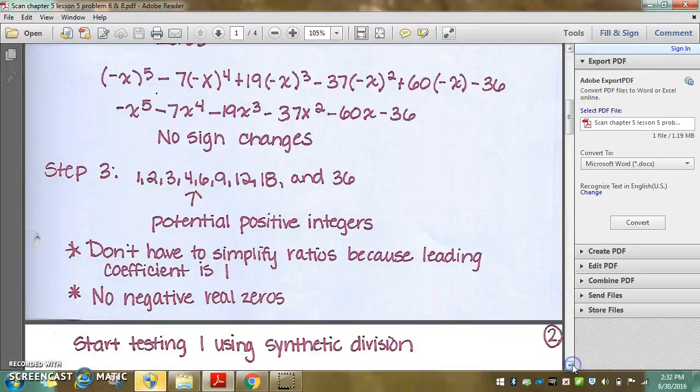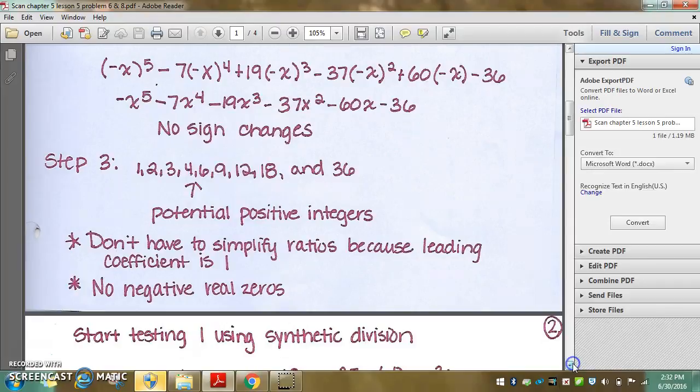All right, moving on. Step 3 tells us that once we have our possible positive real zeros or our possible negative real zeros, we are going to start testing using synthetic division. So I'm going to go ahead and start with 1.